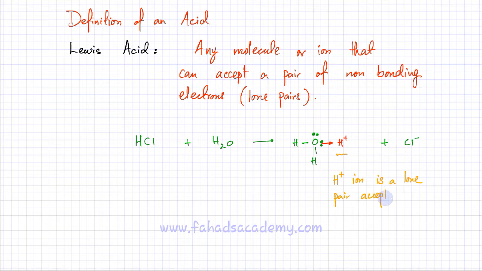So HCl would not be called an acid. It's specifically the H+ ion which is accepting those lone pairs of electrons. Now this definition is going to broaden the reactions that could be classified as acids and bases.